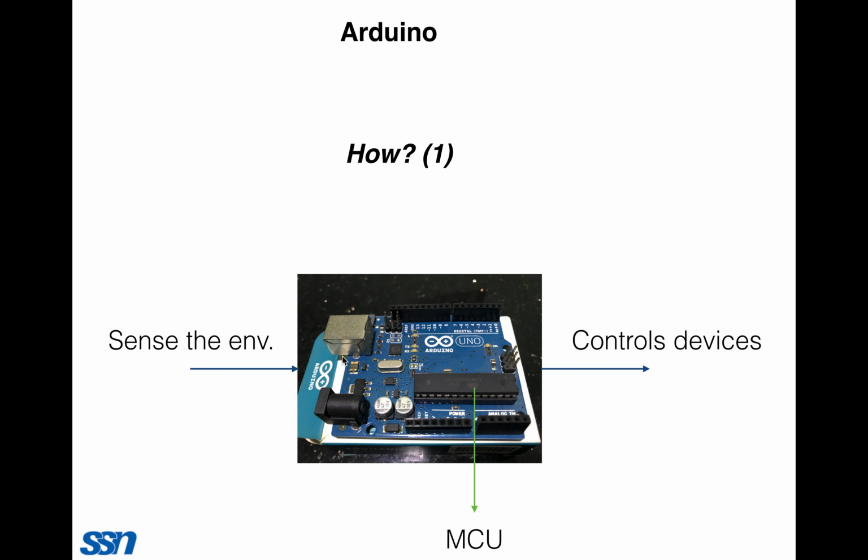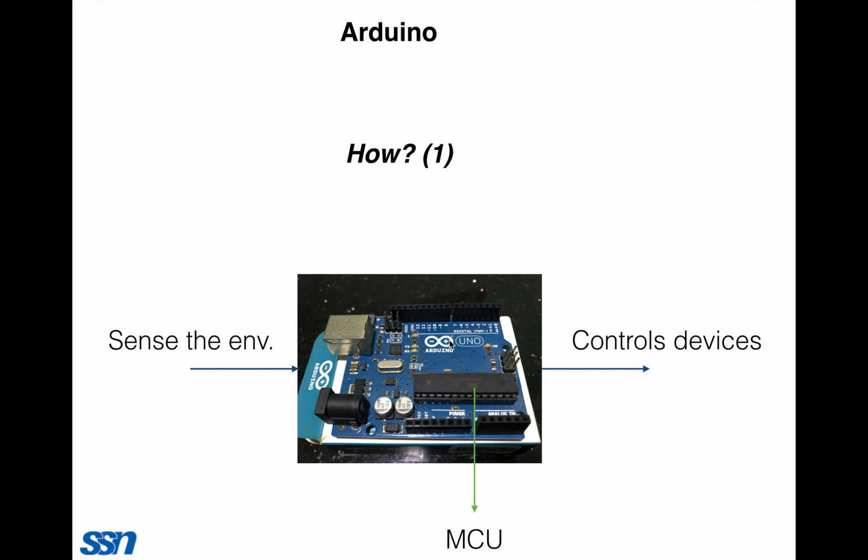That is the main functionality of such a board, by making use of these pins on the sides that we can see here. These pins are called GPIO pins. We'll talk about these pins and how to get connected, how to get started, and make use of these pins to do some interesting stuff later in the how part. So at the high level, this board senses the environment, and as the output it controls the devices.